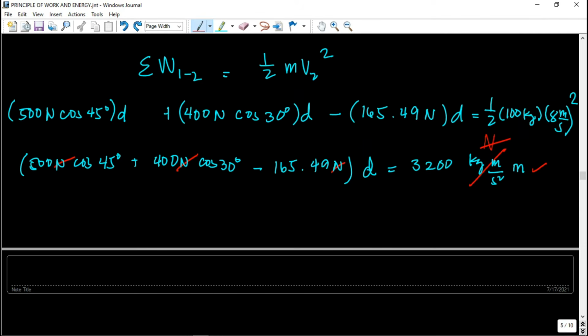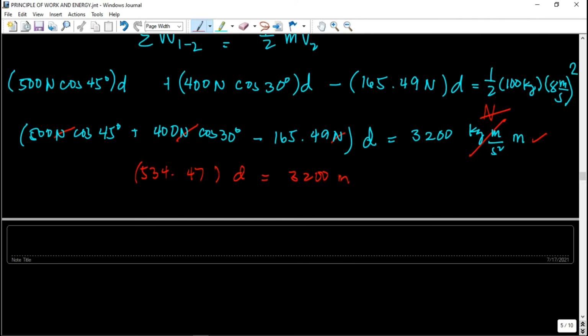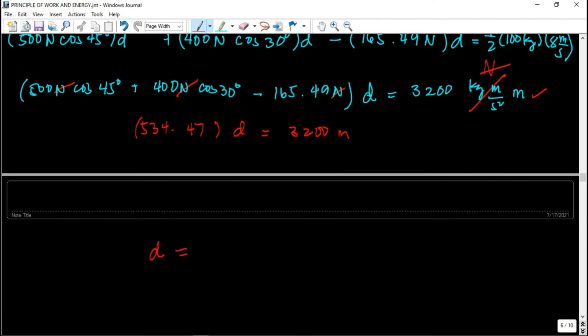So this expression here is equivalent to 534.47 times D, and we have 3,200 meters. Divide both sides by this expression, 534.47. So D equals 3,200 meters divided by 534.47.